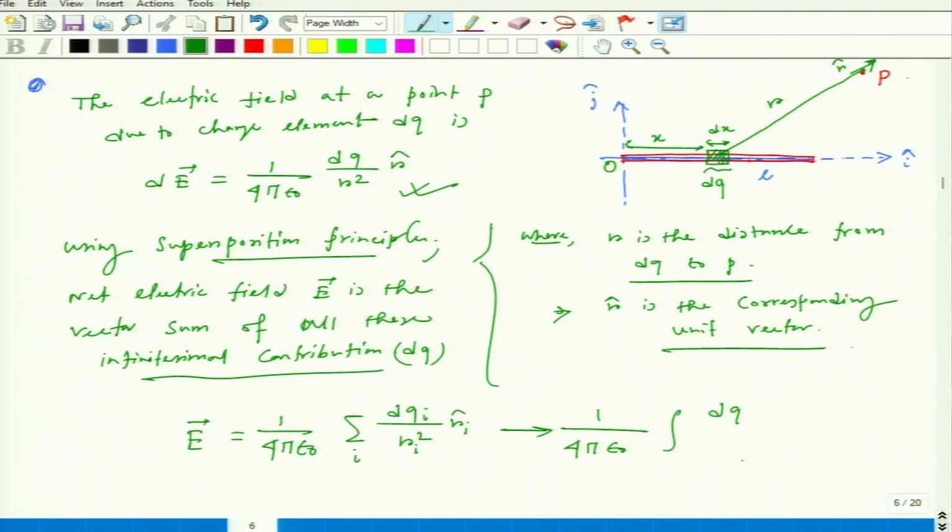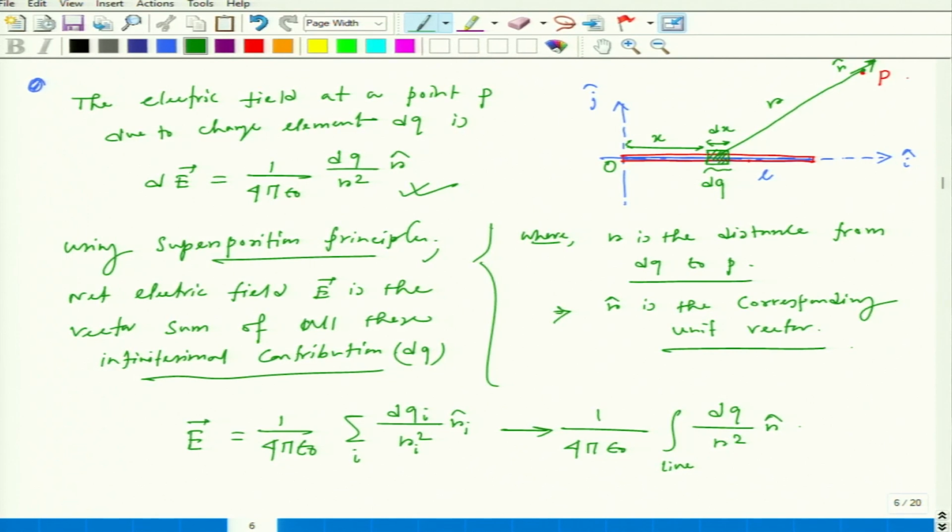So if we split up this entire rod into a large number of infinitesimal elements, each with a charge dq, then we can use an integral instead of a sum. So dq over r squared, r cap. This is a continuous variable, and the integral is over the length L of the line.